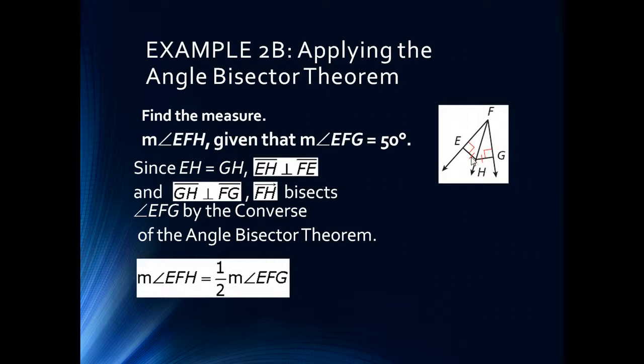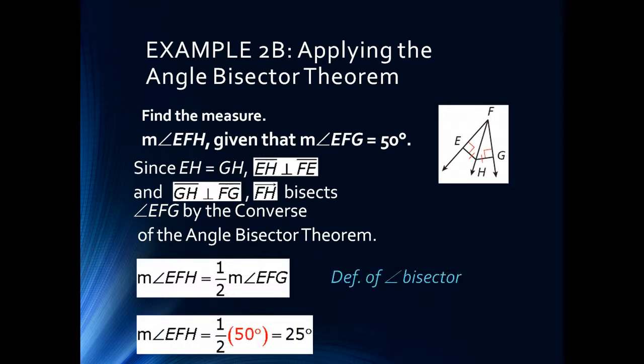So the measure of EFH is half the measure of EFG. This is the definition of angle bisector. So if we plug in 50 degrees for EFG, then we get that the measure of EFH is 25 degrees.